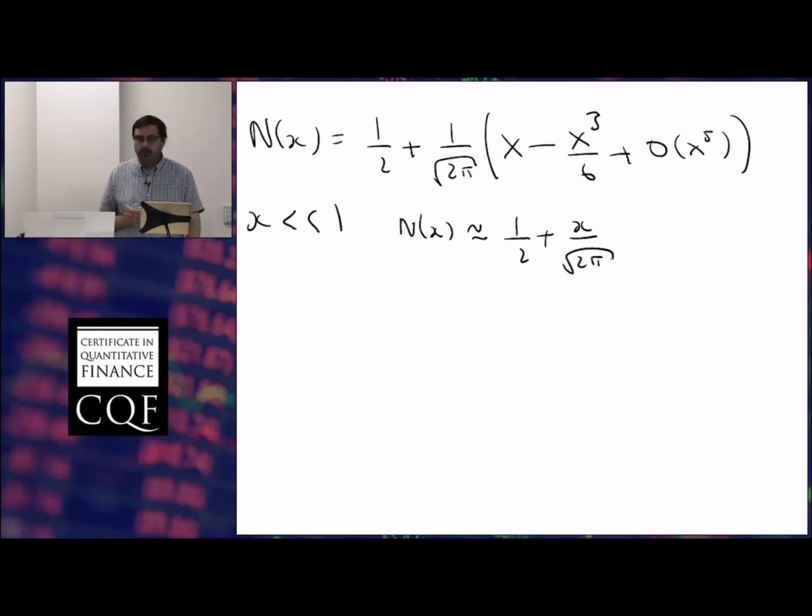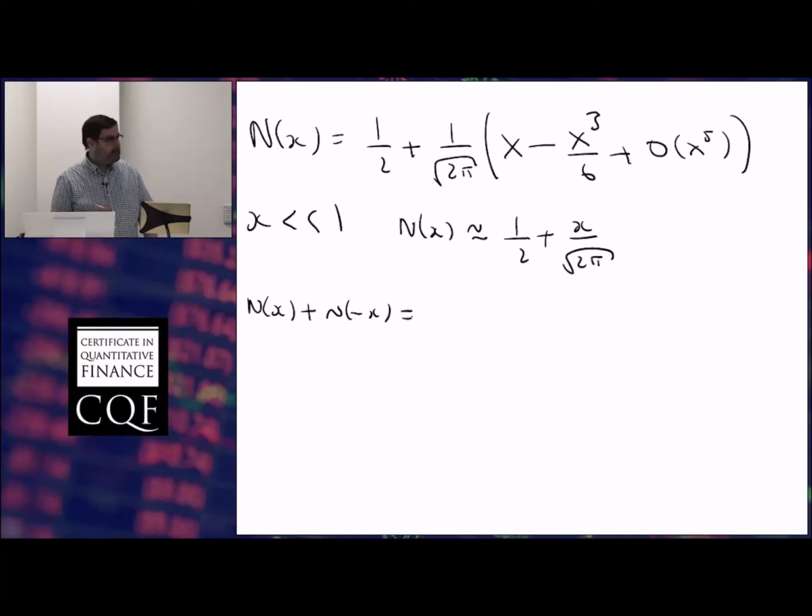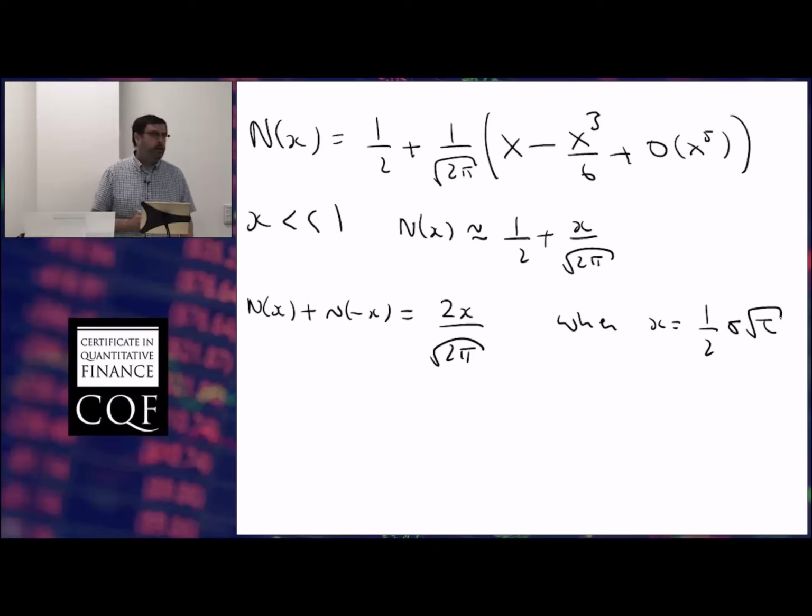Now, what can we say about N of x plus N of minus x? Under this approximation, the halves are going to cancel out, and we end up with 2 lots of x over root 2 pi. Now, when x is equal to a half times this, what do we end up with?